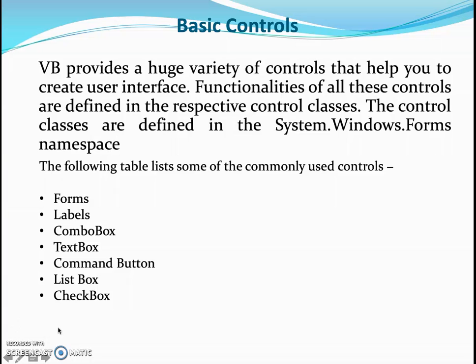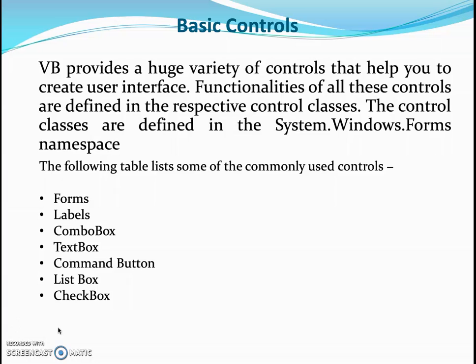Next are the basic controls. VB provides a huge variety of controls that help you to create a user interface. Functionalities of all these controls are defined in the respective control classes. The control classes are defined in the System.Windows.Forms namespace.